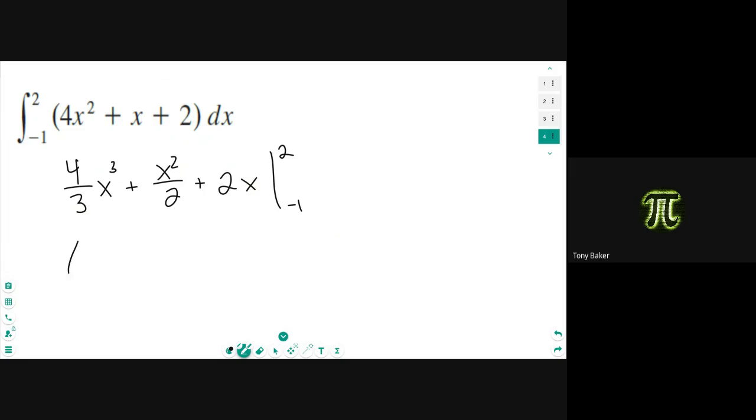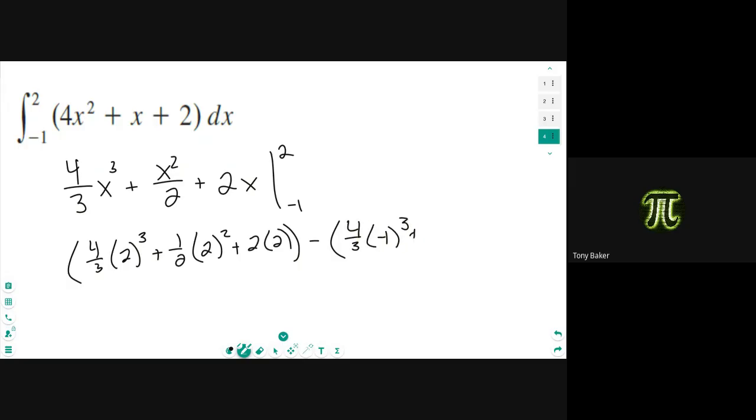So we have 4/3 times 2 to the third plus 1/2 times 2 squared plus 2 times 2, minus, 4/3 times -1 to the third plus 1/2 times -1 squared plus 2 times -1.